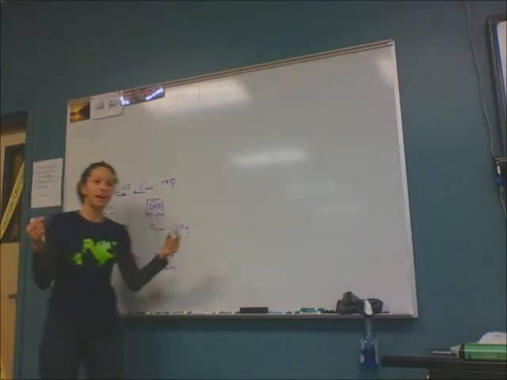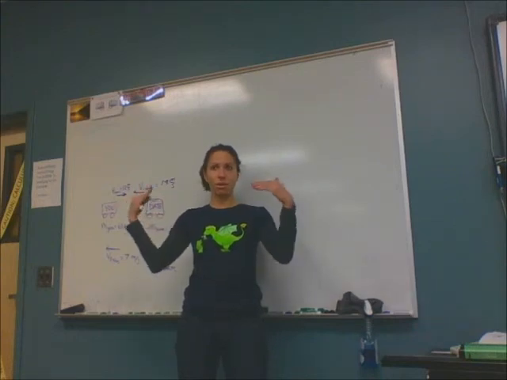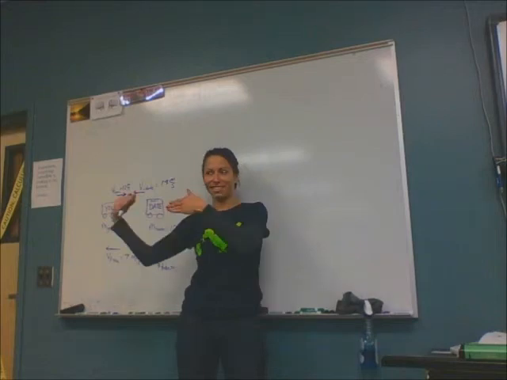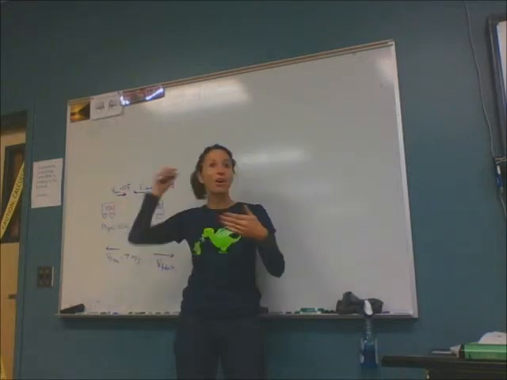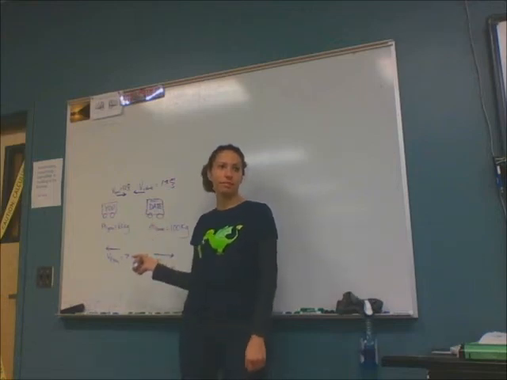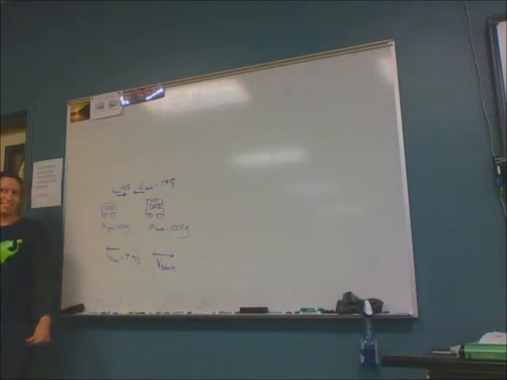What you always want to do with vectors is choose a direction that's positive. So which way do you want to make positive? Left is positive. I like that you want to do something a little different and make left positive, but then everyone does that.